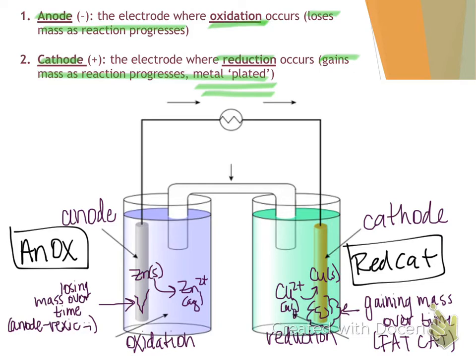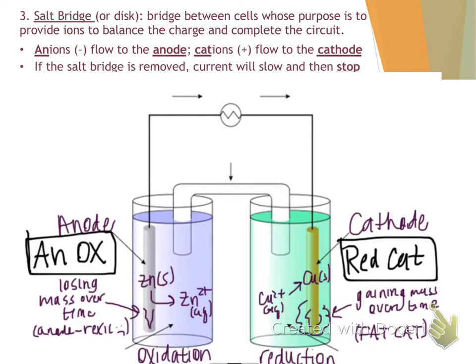So we're going to move on and look at the next part of our cell. The next important part of our cell that we need to understand how it is functioning is the salt bridge. The purpose of the salt bridge is to provide a balanced charge between our anode and the cathode. It's going to provide ions in order to balance that charge.